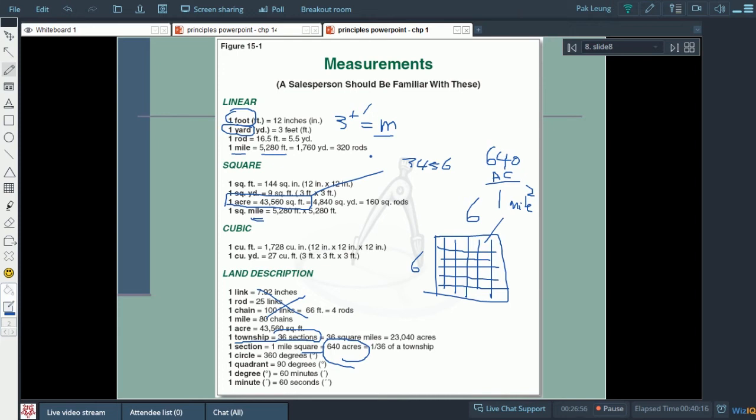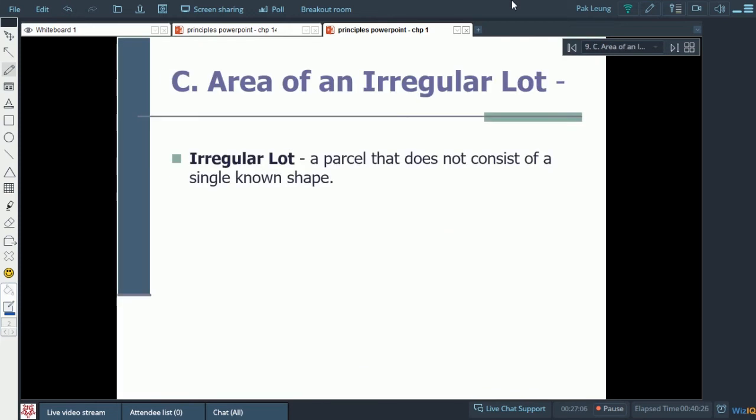And it's 640 acres. 640个英亩, 在这个1方英里里面. So everybody just memorize those 5 to 6 things. 你要记住这个5到6样东西.